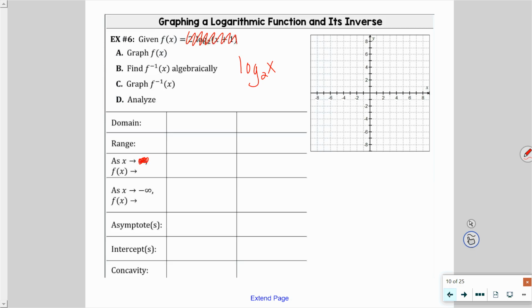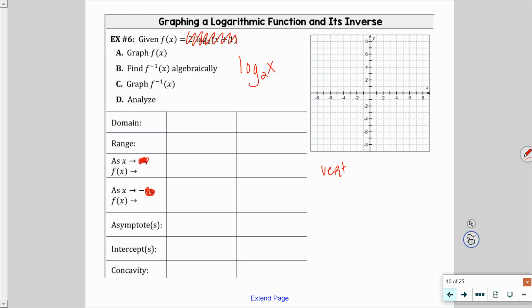So since I'm changing it, we probably need to change the limit lines a little bit, but I want you to look at domain, range, the limit lines, the asymptote, the intercepts, the concavity, right? And I want you to sketch it. All right, so let's go. And I was going to write it a little differently too.